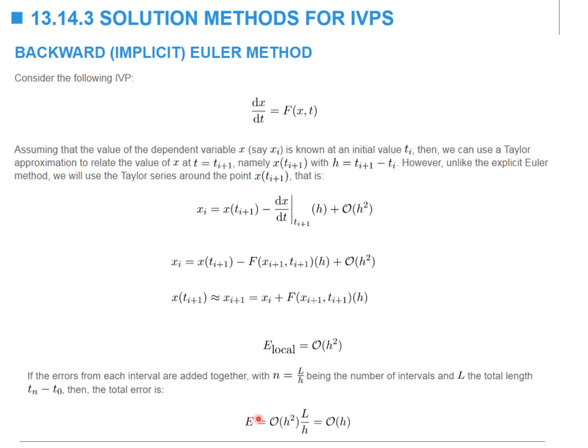The total error, when I consider an interval of length L that's divided into n subintervals, where n is equal to L divided by the width of one subinterval, will be equal to this number n multiplied by the local error, which will make the error directly proportional to h. So both the explicit Euler and the implicit Euler have the same order of error.